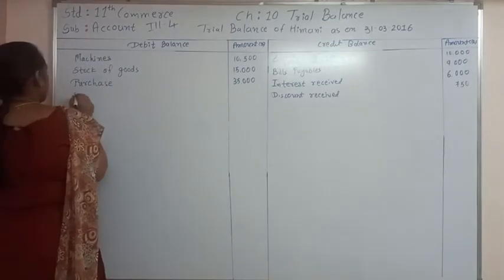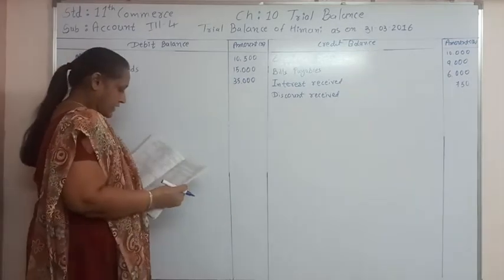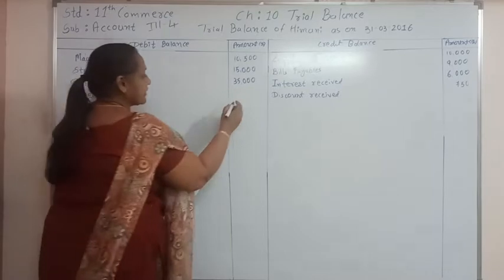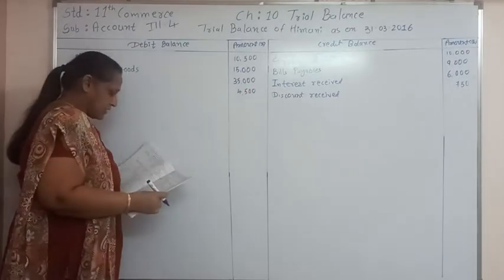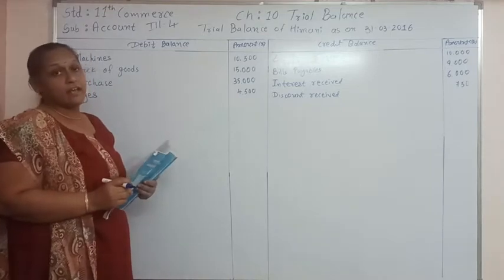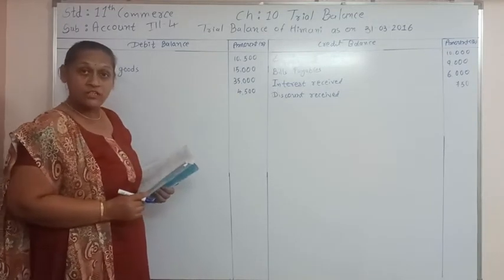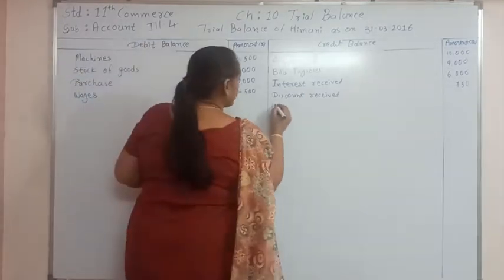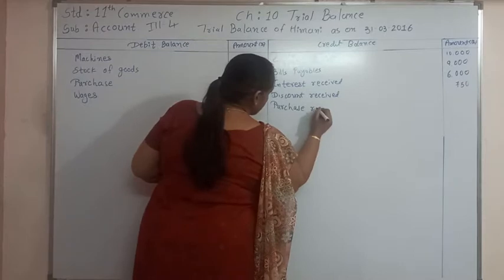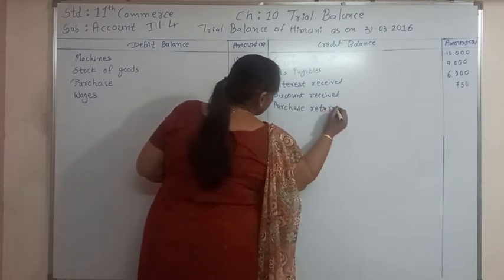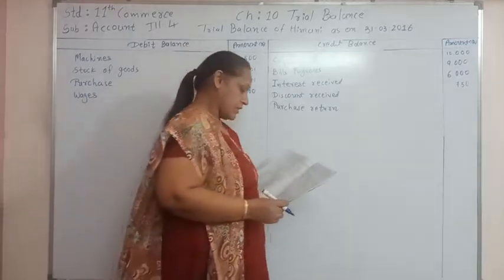So wages is 4,500. After wages, another account is purchase return. As we know that purchase return has credit balance, so it is supposed to be written on the credit side, which is wrongly written on the debit side. Purchase return has balance of 3,750.